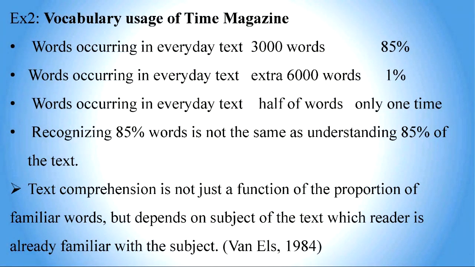So recognizing 85% of the words is not the same as understanding 85% of the text. Text comprehension is not just a function of the proportion of familiar words, but depends on the subject of the text, and whether the reader is already familiar with the subject.